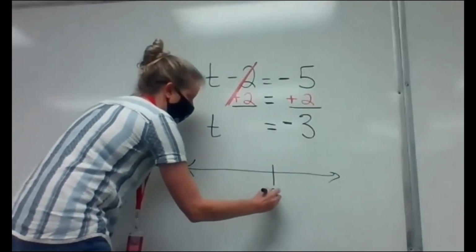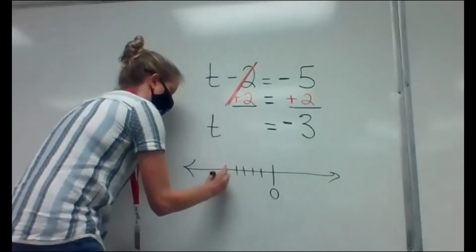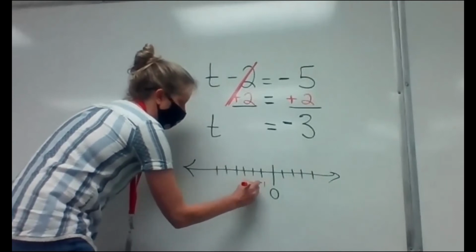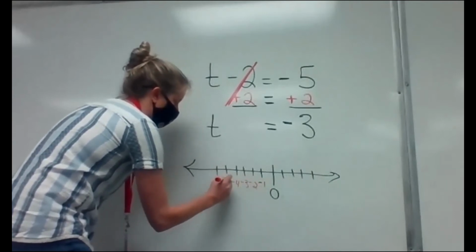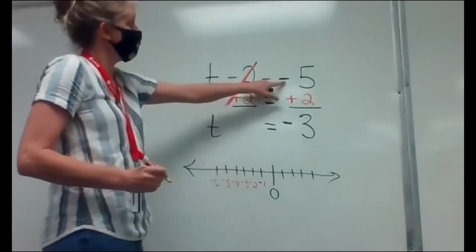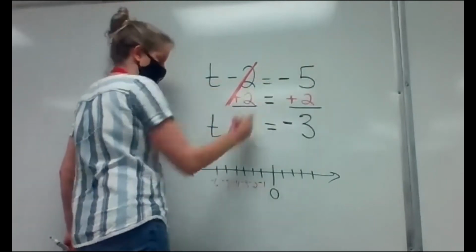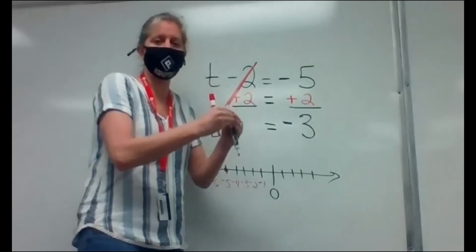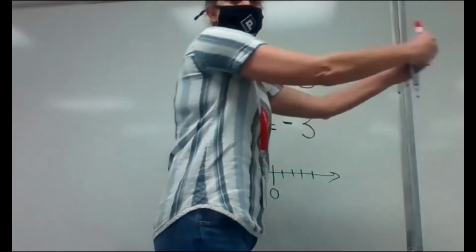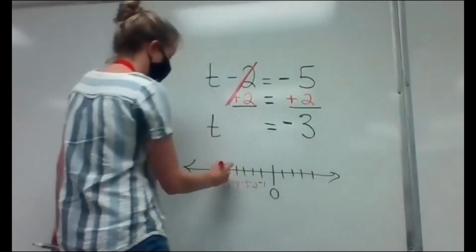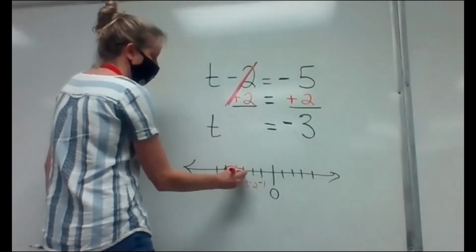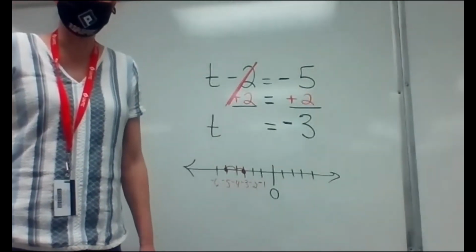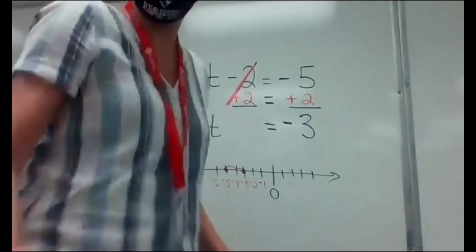If you had to do this on your own and the zero's right there, this would be the negative side, so negative 1, negative 2, negative 3, negative 4, negative 5, negative 6. If this is your starting point, negative 5. If you're going to add 2 to that, adding makes you go this way on the number line. So if I add 2 to that, 1, 2, you will see that you end up at that negative 3. Okay? If you didn't have the calculator.